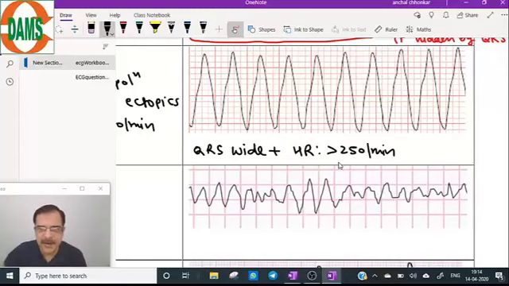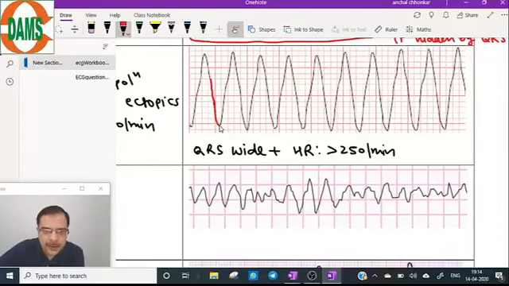And sometimes ventricle flutter is so fast that you are not able to differentiate between the QRS complexes and the T wave. They come so fast that it is very difficult to tell where the T wave is ending and where the QRS is coming.